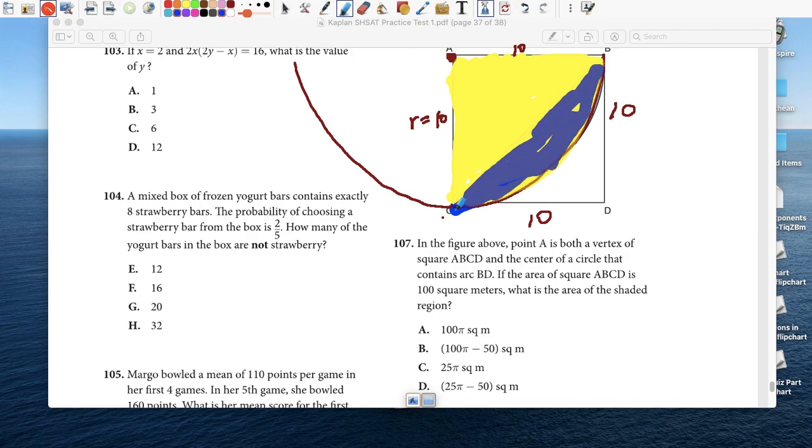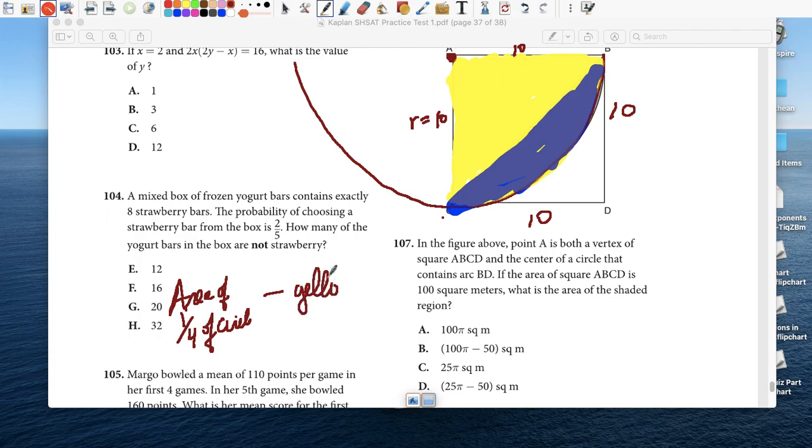So to find the shaded area, which is the blue part, it would be the area of a quarter of a circle minus the yellow triangle. Minus the triangle. That's going to give us the shaded region.